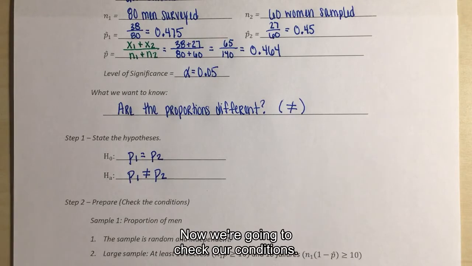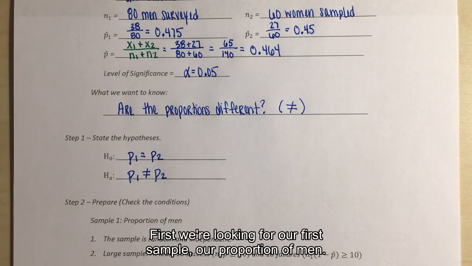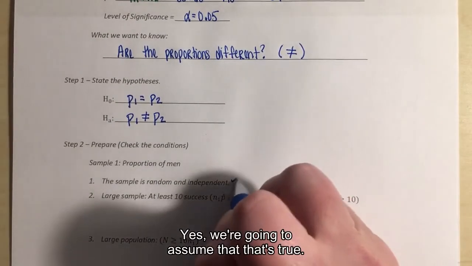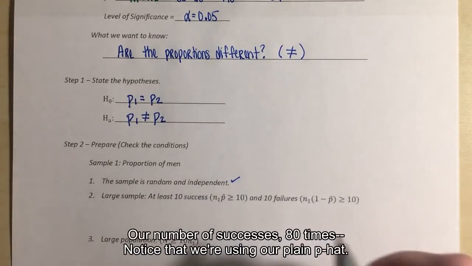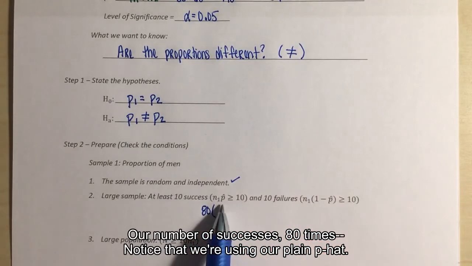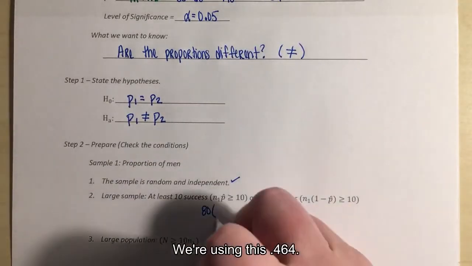All right, so now we're going to check our conditions. We are going to go through it in this particular problem. First we're looking at our first sample, our proportion of men. The sample is random and independent. Yes, we're going to assume that that's true. Our number of successes, 80 times, notice that we're using our plain P hat, so we're using this 0.464.